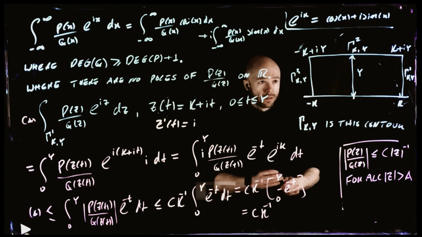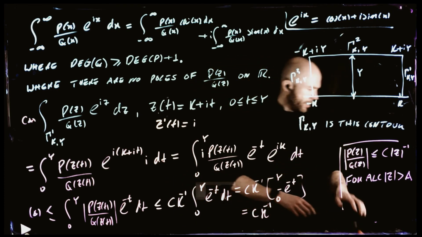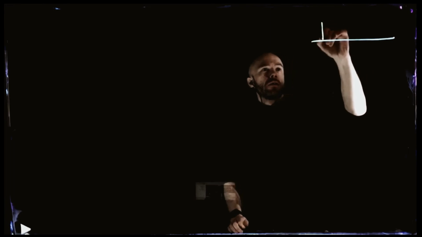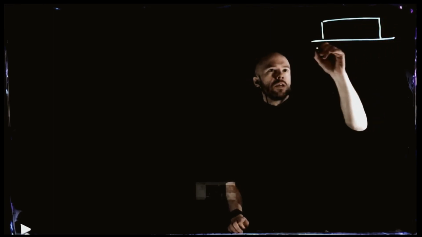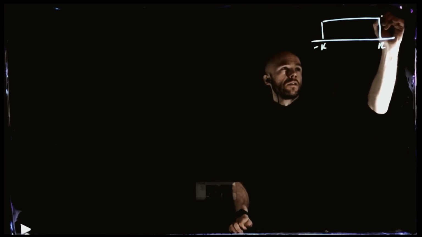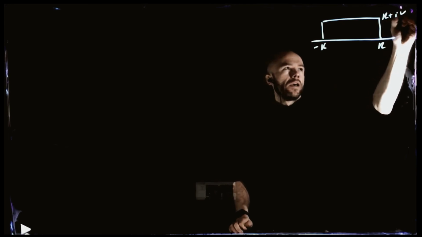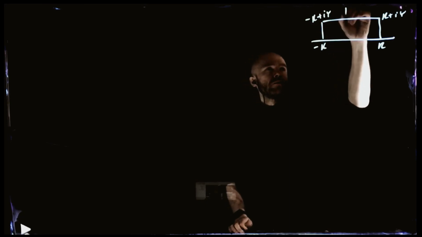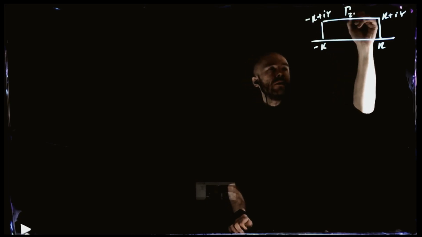So I'm going to have to erase everything and deal with the top part. So let's draw the picture. We go from minus r to r. This guy was r plus iy, and this is minus r plus iy. And this is what we called gamma 2 of ry.